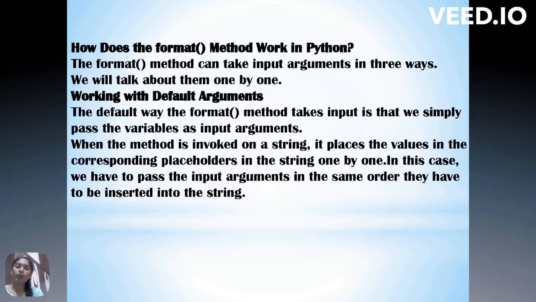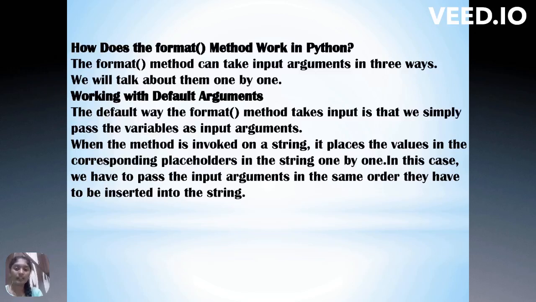How does the format method work in Python? The format method can take input arguments in three ways. We will discuss them. First, working with default arguments. In the default way, the format method takes input where we simply pass the variables as input arguments.